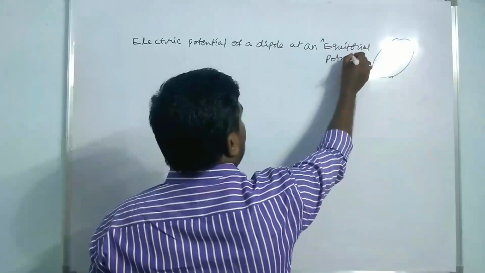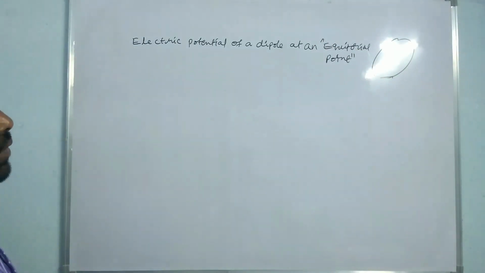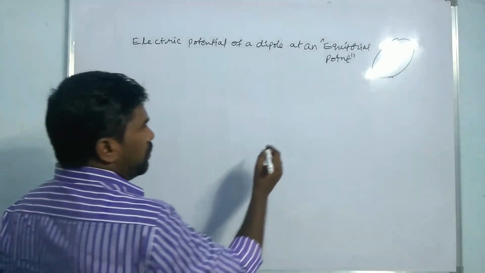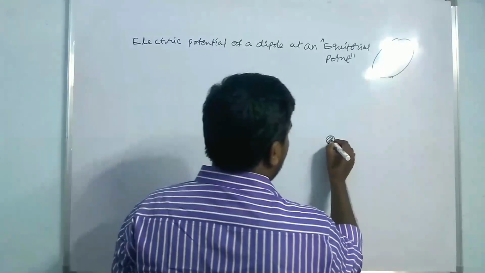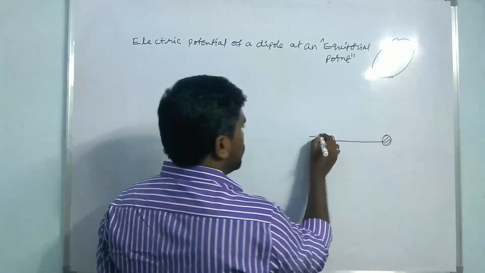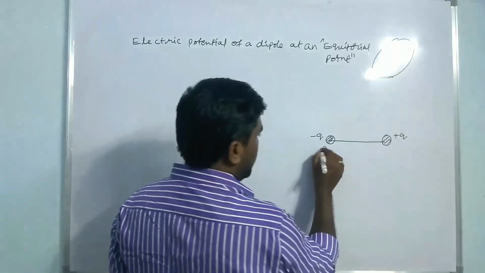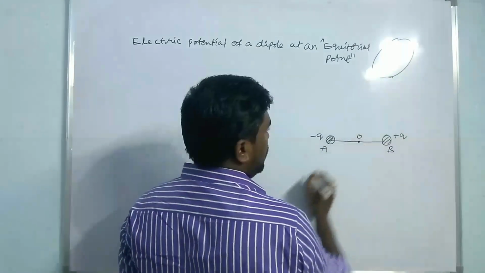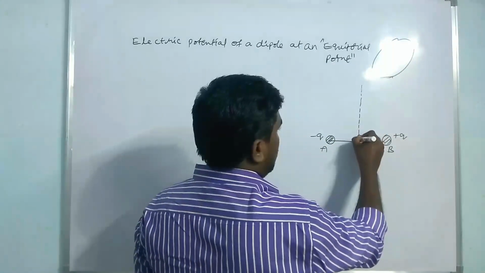Before that we derived it at an axial line, but now we have to derive it at an equatorial point. The equatorial line is the line which divides the axial line into two parts. So this is the axial line of a dipole. This is the minus q charge and this is the plus q charge. This is located at point A and this is point B. This is the center of the dipole. From this point, this is the equatorial line.